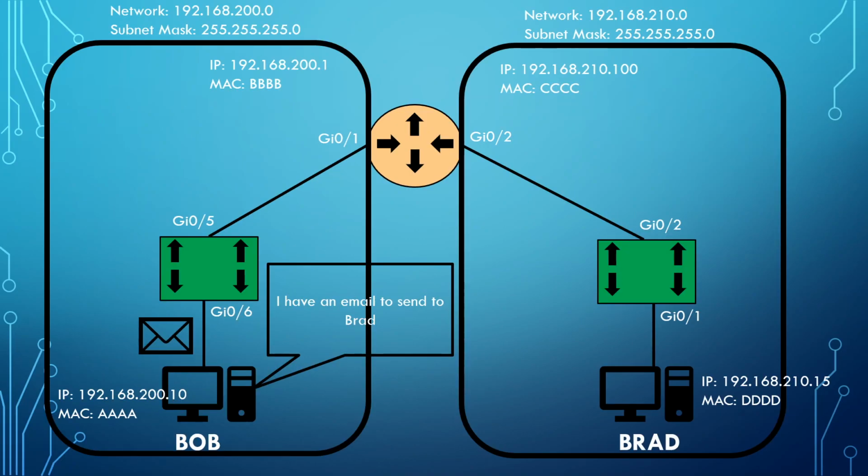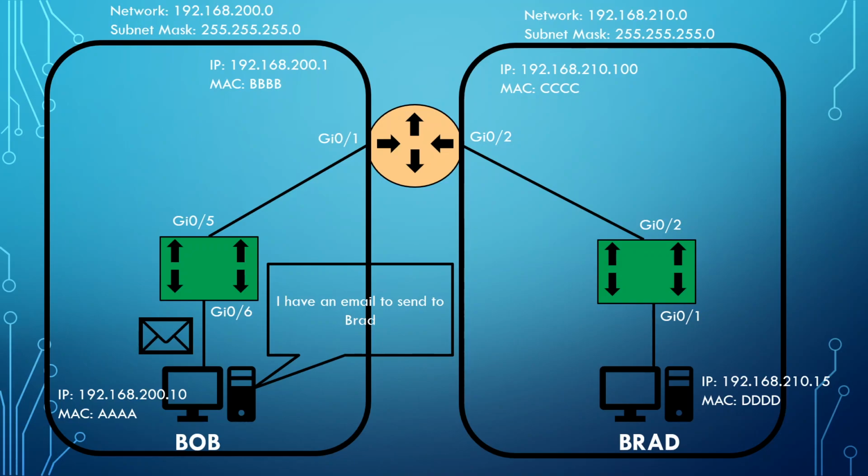We're going back to our example from the previous video. Bob wants to send an email to Brad. We're still using the same IP information, and as a quick recap, the network defines which group you are in, and the subnet mask dictates which decimal numbers in a device's IP address must be the same for that device to be part of that group.